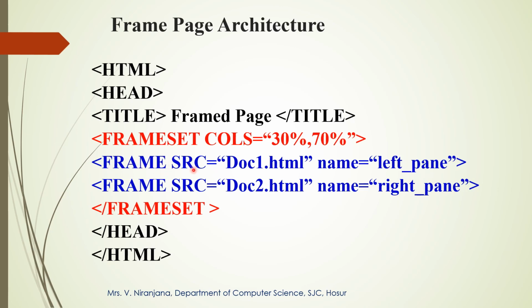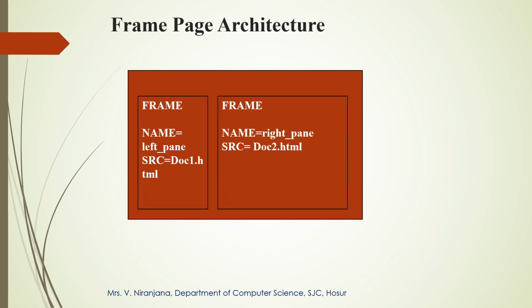For the first frame, we have given the source as doc1.html and the name of the frame is left pane. And on the right hand side, we have included doc2.html and we have given a name called right pane. So this is how it will be displayed in your HTML page.